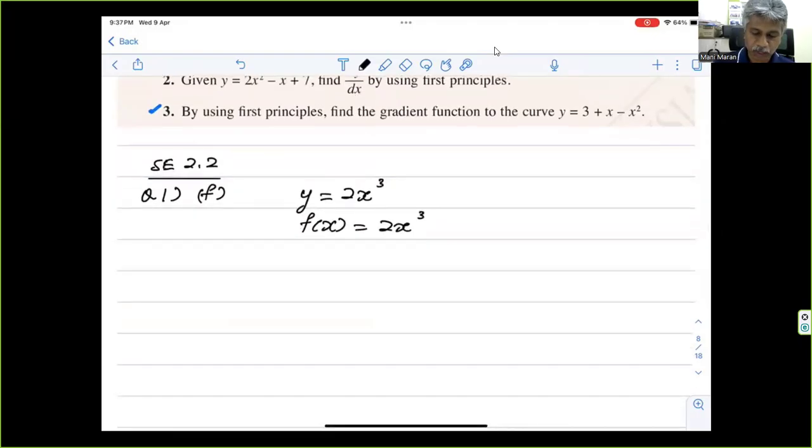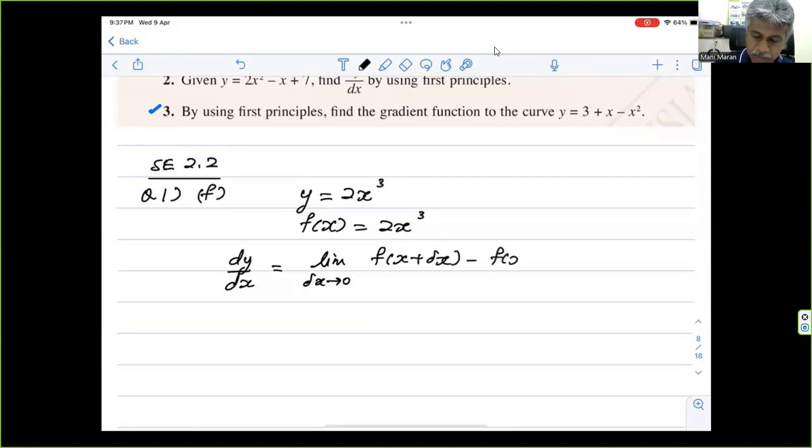Now we are going to write the formula for dy by dx is equal to limit delta x approach 0 of f of x plus delta x minus f of x divided by delta x. Just copy down the formula first.